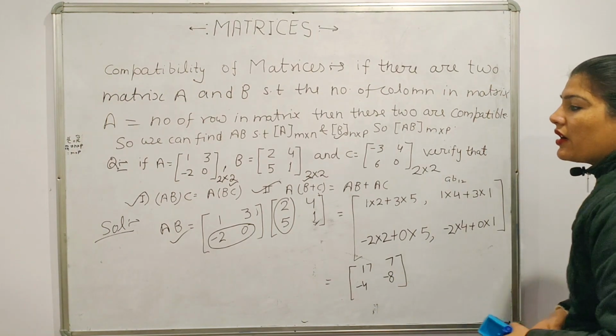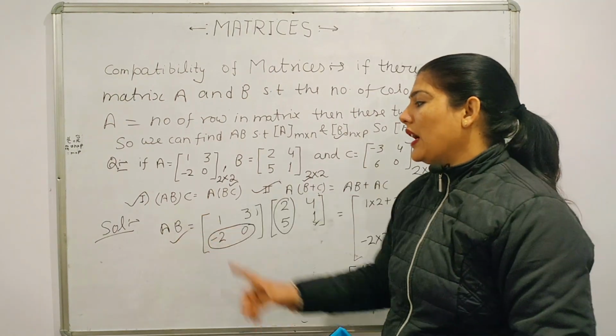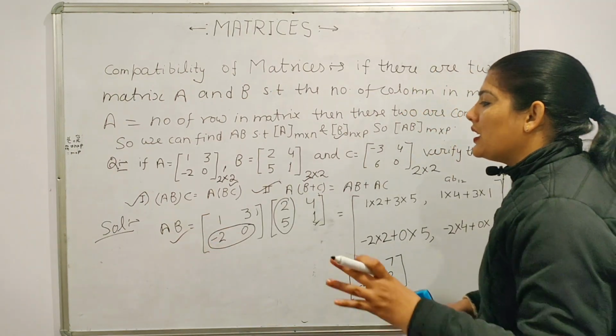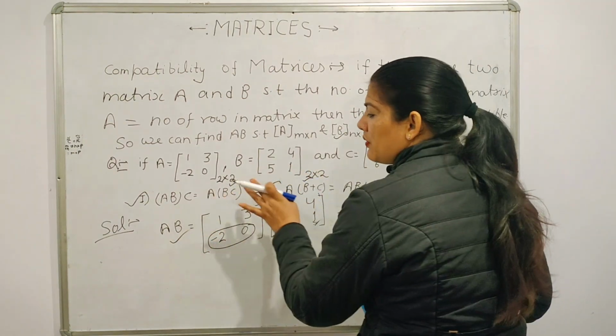So here we have AB and we have to check if AB into C is equal to this.